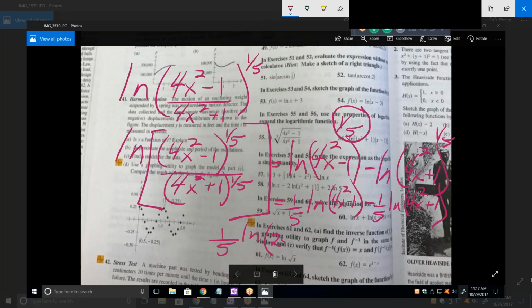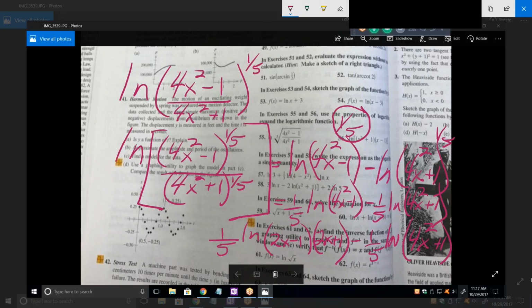So that's 2x minus 1 times 2x plus 1, minus 1/5 natural log, and this I cannot factor. There is no factoring for a sum of perfect squares. So I can't simplify the one on the right, but I did break the argument up into the product of two things.